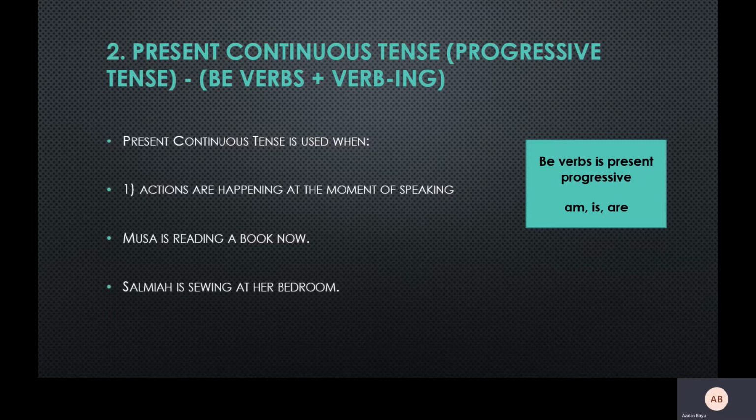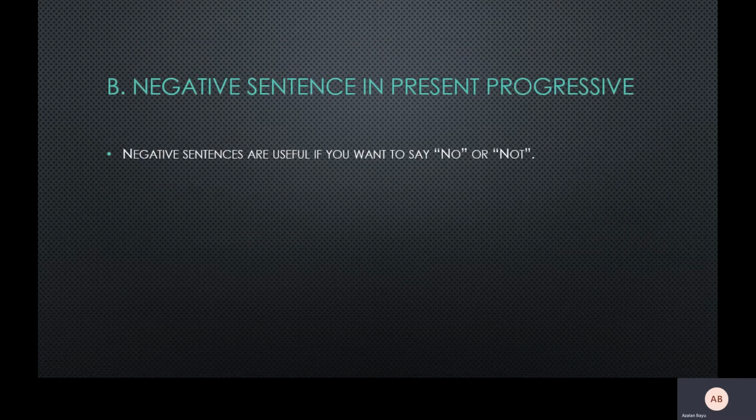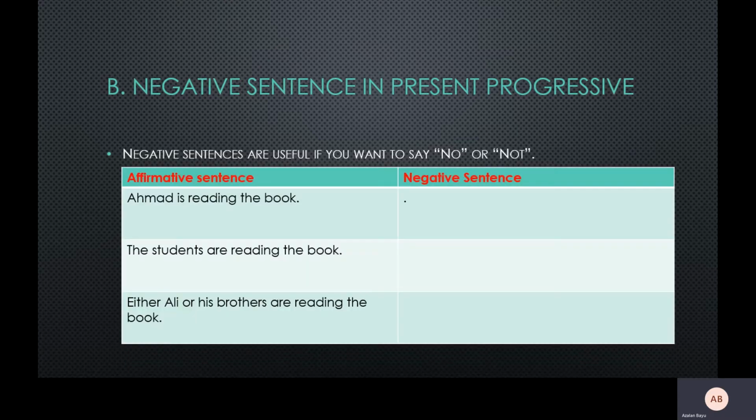All right, Salma is sewing in her bedroom. So we have used is again for the be verb, and then we have sewing, from the word sew. The negative sentence for present progressive is very easy. You just add not in between the be verb and the verb ing.